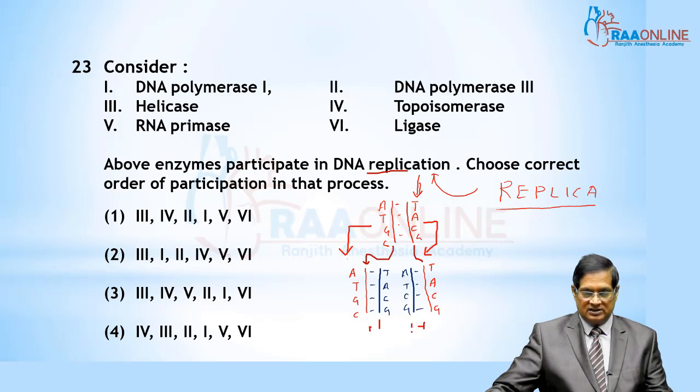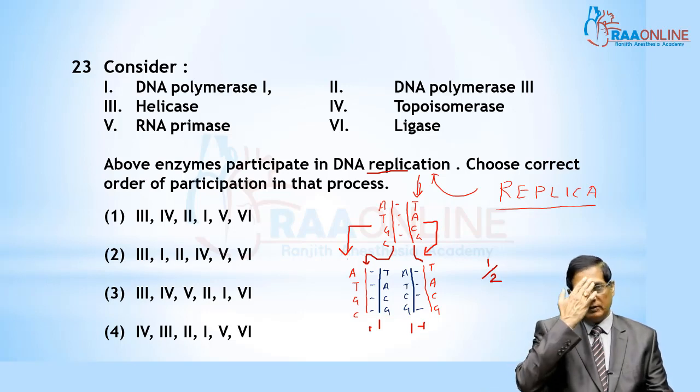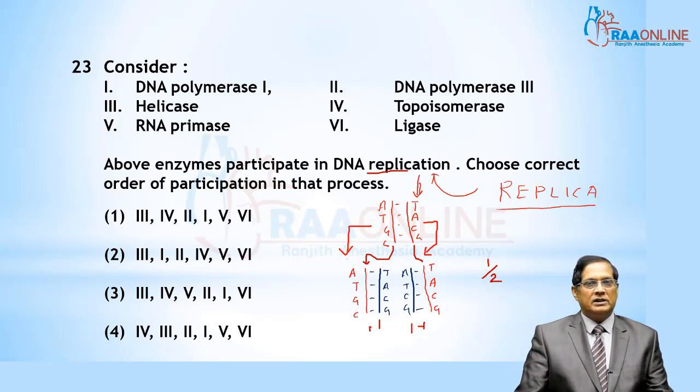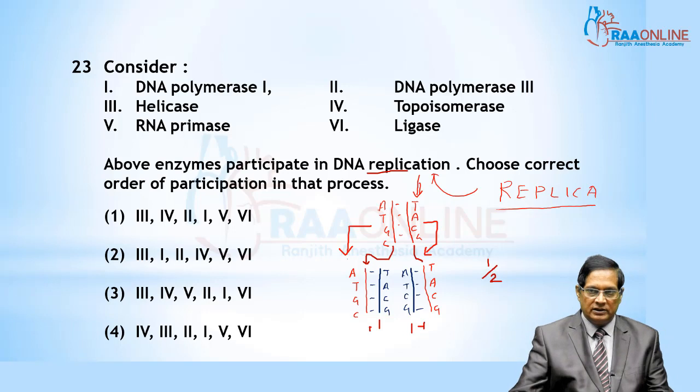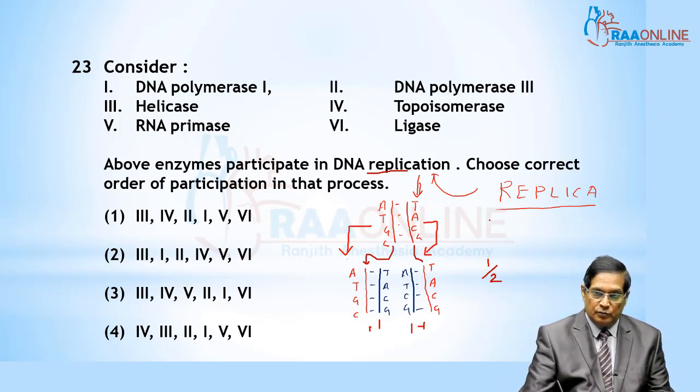Out of two strands, only one is synthesized in every DNA molecule. In every DNA molecule, one strand is contributed by the parent, whereas the other strand, that is the complementary strand, is synthesized by the cell itself during replication. So the method of replication is semi-conservative.